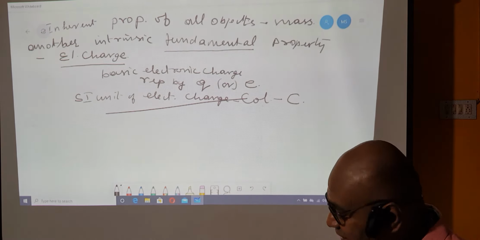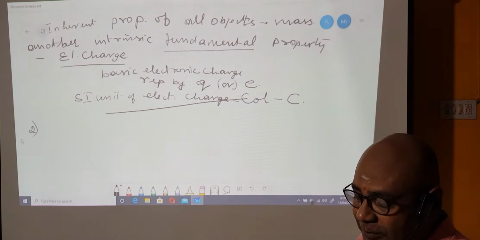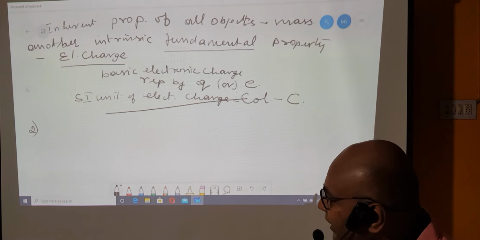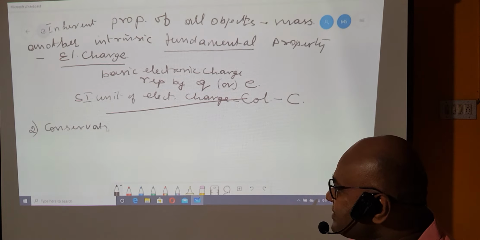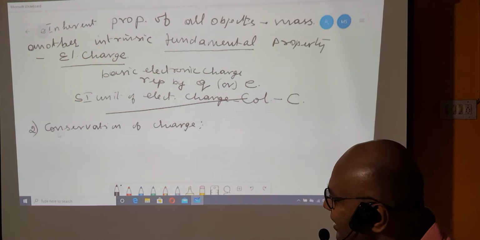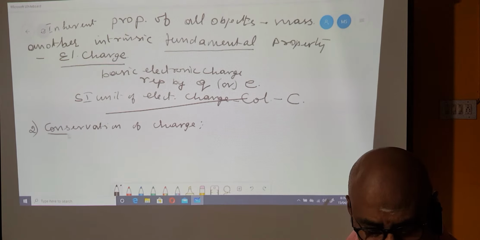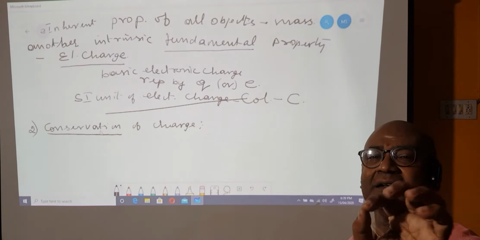Let us go for property number 2. What do you mean by this property number 2? Property number 2 is conservation of charges. What do you mean by this conservation? Conservation of electrical charge. Conservation means nothing but constant.